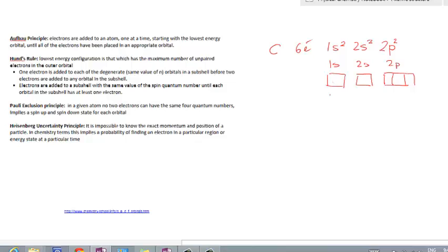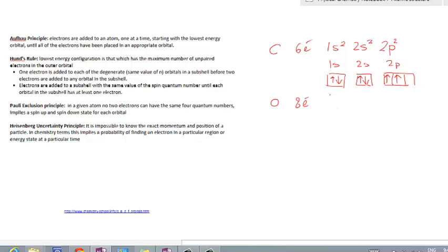So for the spherical one, we start with 1s1, 1s2, spin up, spin down, 2s1, 2s2, 2p1, 2p2. You can see for carbon, we've used this second rule, Hund's rule, and we've put both our spin states up.